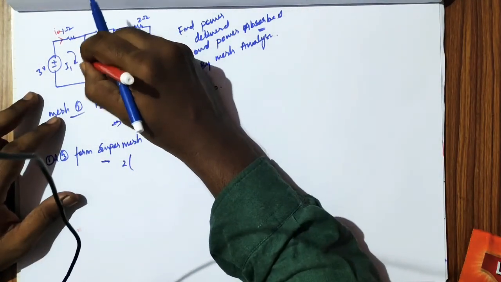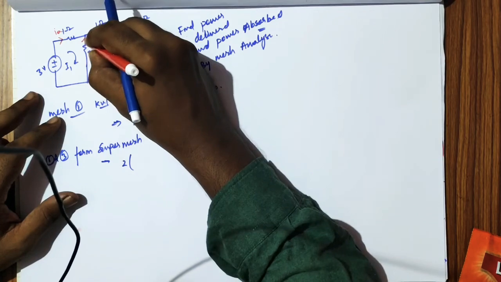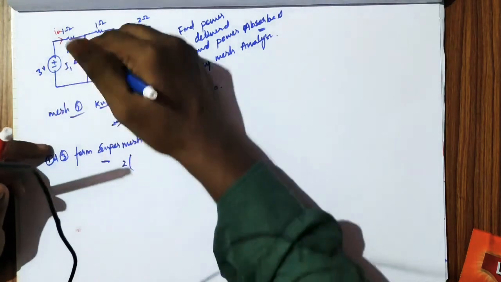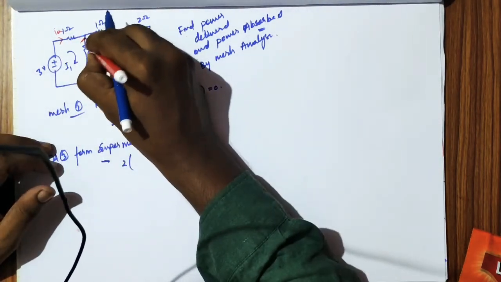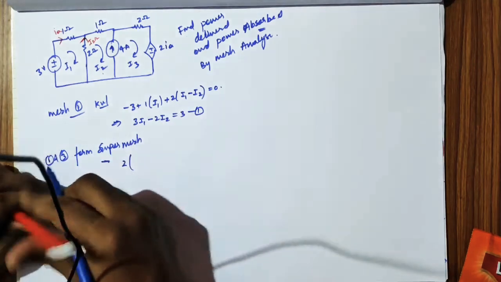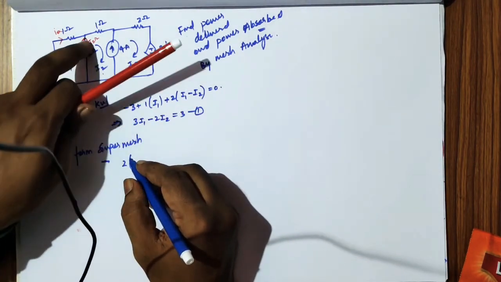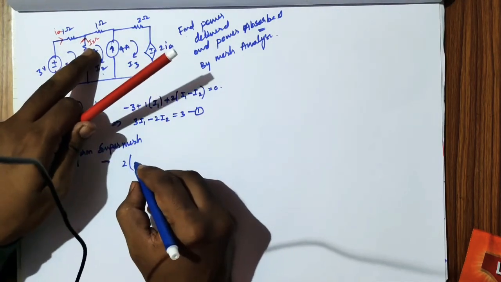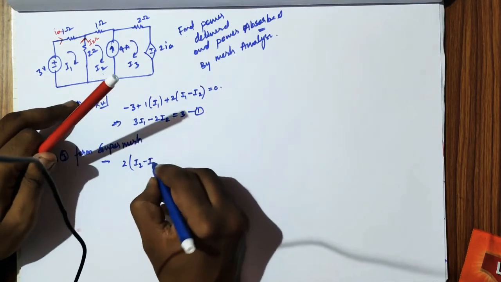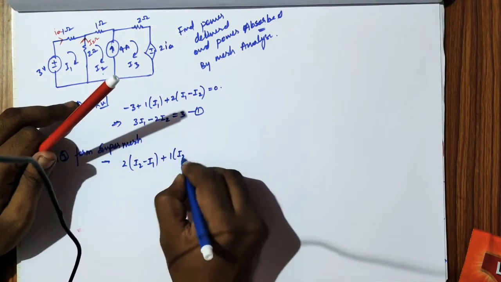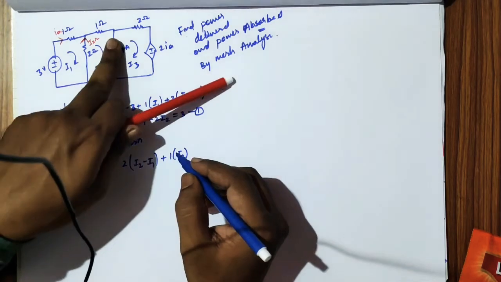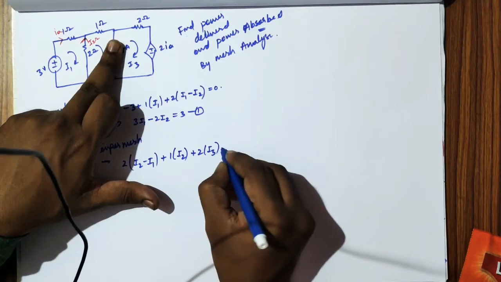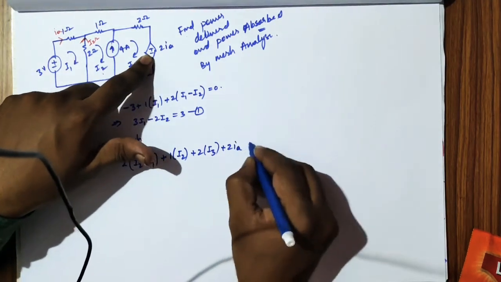I'm assuming current is flowing from bottom to top in the 2 ohm, while I1 is flowing from top to bottom. Therefore the voltage across the 2 ohm is 2 into (I2 minus I1), plus 1 into I2, neglecting this branch, plus 2 into I3, plus 2 into IA equal to 0.